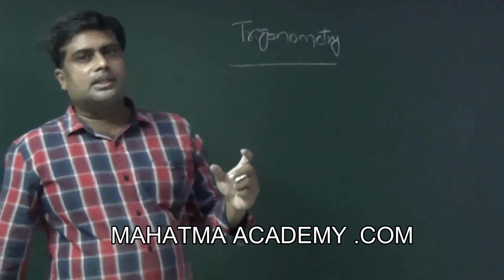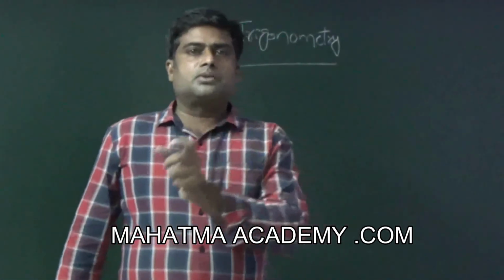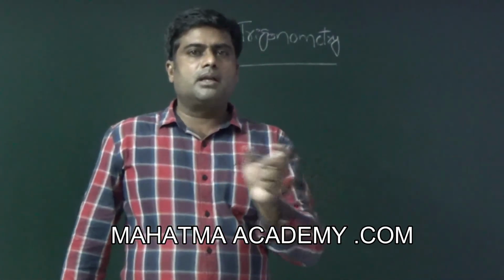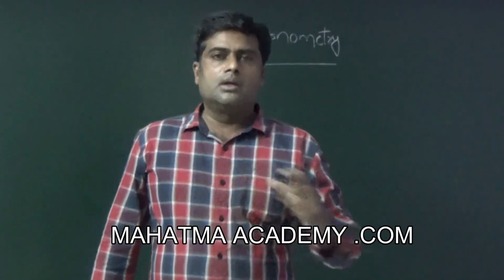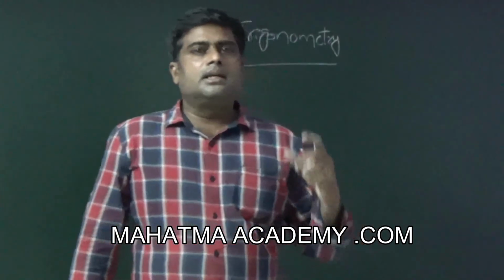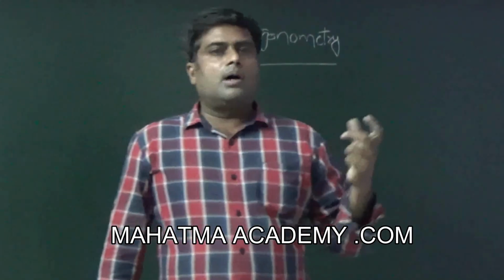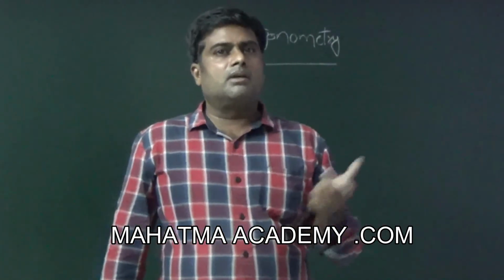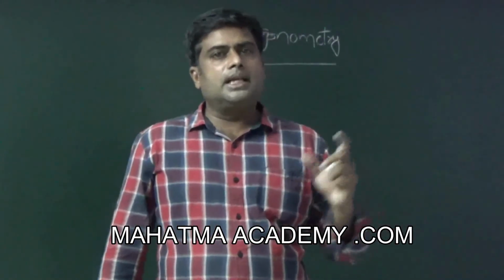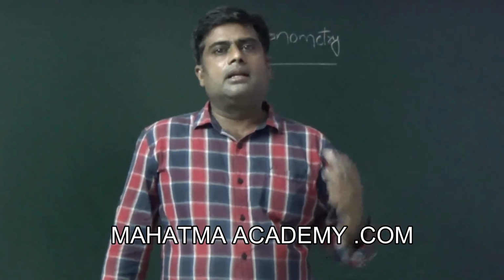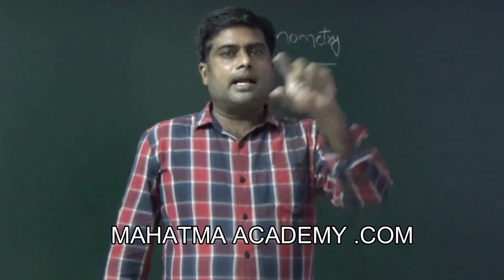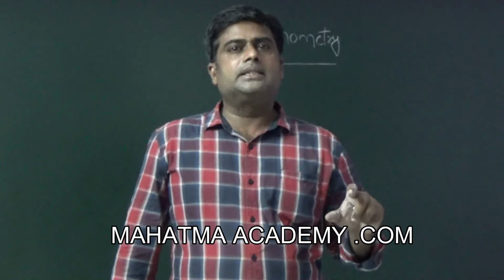What are the main equations? Sin square theta plus cos square theta equals 1. Cosec square theta minus cot square theta equals 1. Secant square theta minus tan square theta equals 1. These are the basic trigonometric equations. What are the derived formulas for solving problems easily? In a right angle triangle, one angle is the right angle, so the sum of the other two angles is 90.